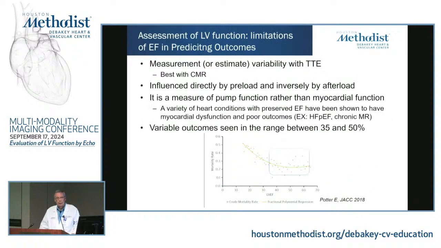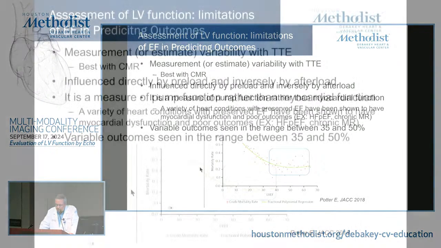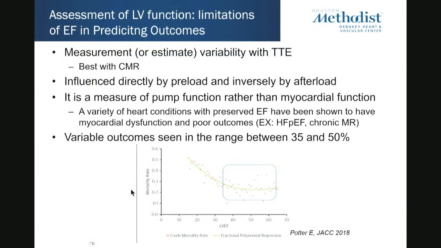But this is where the GLS appears to really have a lot of strength. This is already an old study from 2018 by Potter. Shown here is ejection fraction versus mortality in patients with heart failure. And you can see here that there is a range.